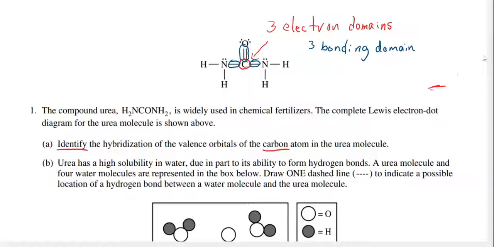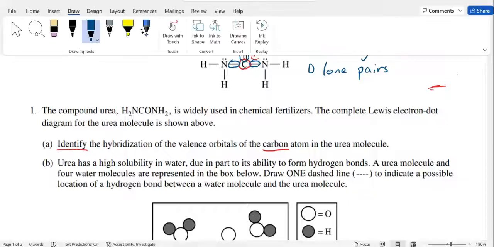bonding domains, and there's no lone pairs on the carbon atom, which, remember, if there were lone pairs, those do count as electron domains, so we would have to take those into consideration, but the carbon atom does not have any lone pairs on it. It only has 3 bonding domains, so a total of 3 electron domains.